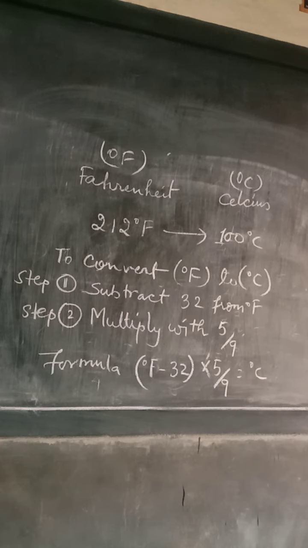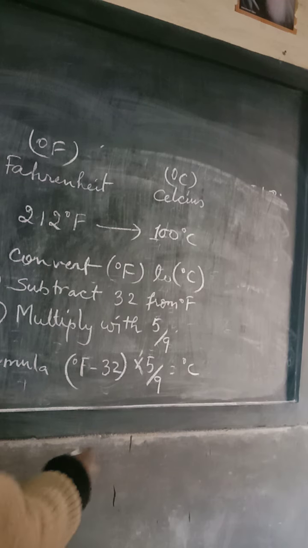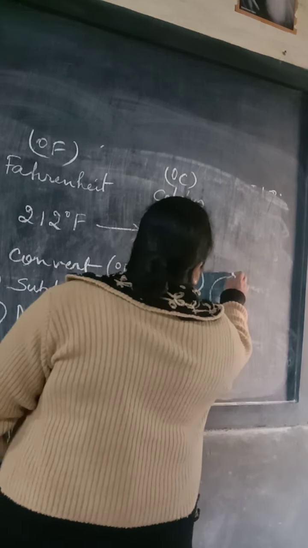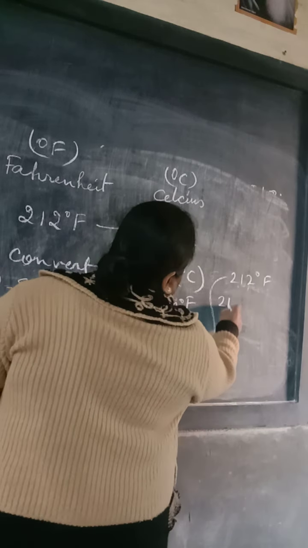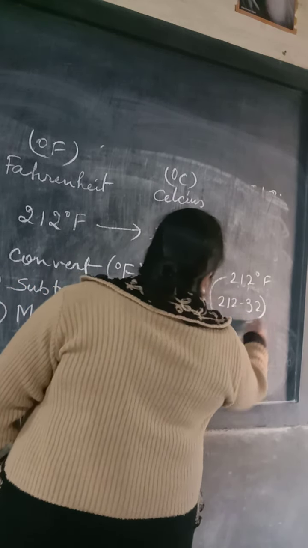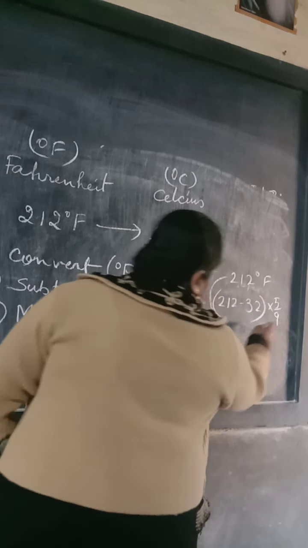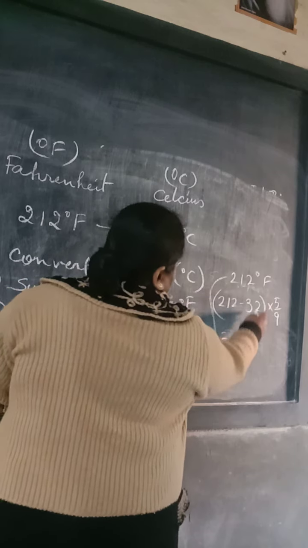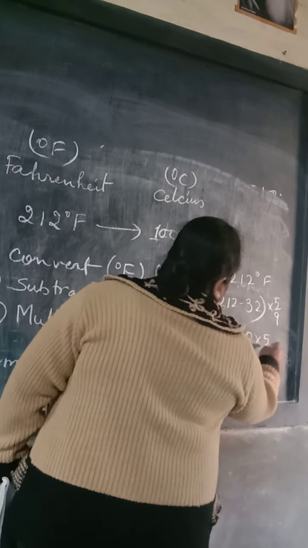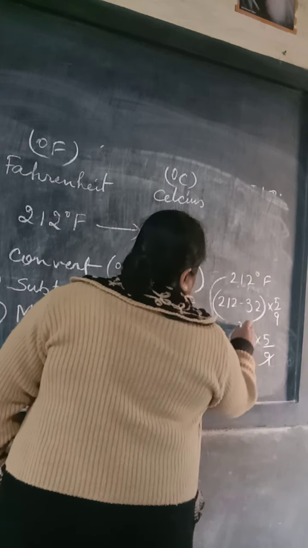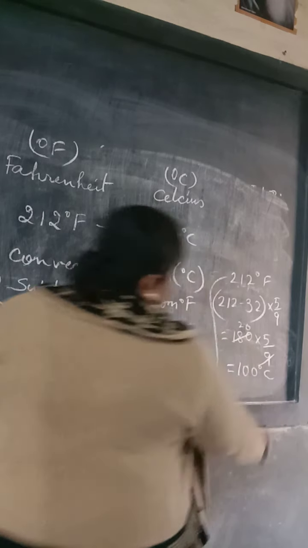Now, example you can see here. 212 degrees Fahrenheit. Now 212 minus 32, into 5 by 9. Or you can see 180 into 5 by 9, 20, so we got 100 degrees Celsius.